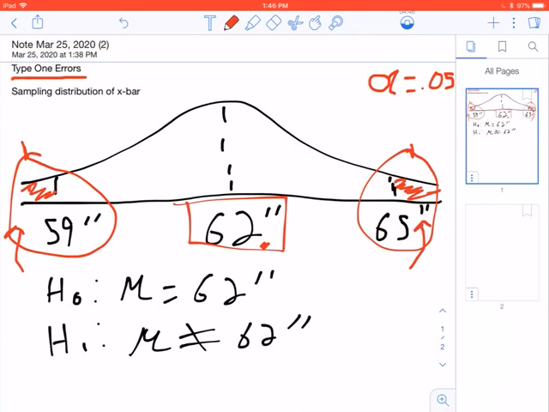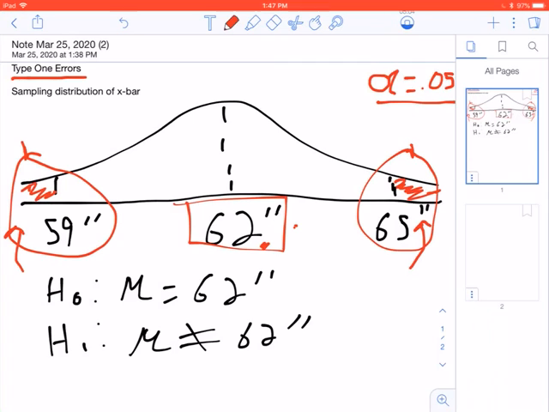Which means 5% of the time, if what I'm saying is correct, I'm going to reject the null hypothesis when I shouldn't. Because these things still do happen purely due to random chance. They're just not very likely.